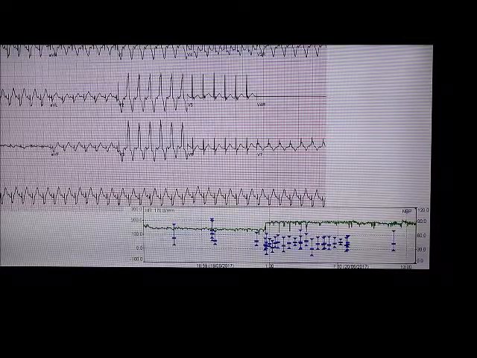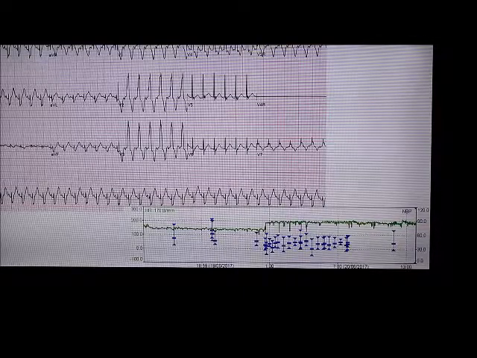So what do you think? Okay, so what do you think about the morphology? So what's the normal P wave morphology? A sinus morphology. What is this sinus P wave morphology?